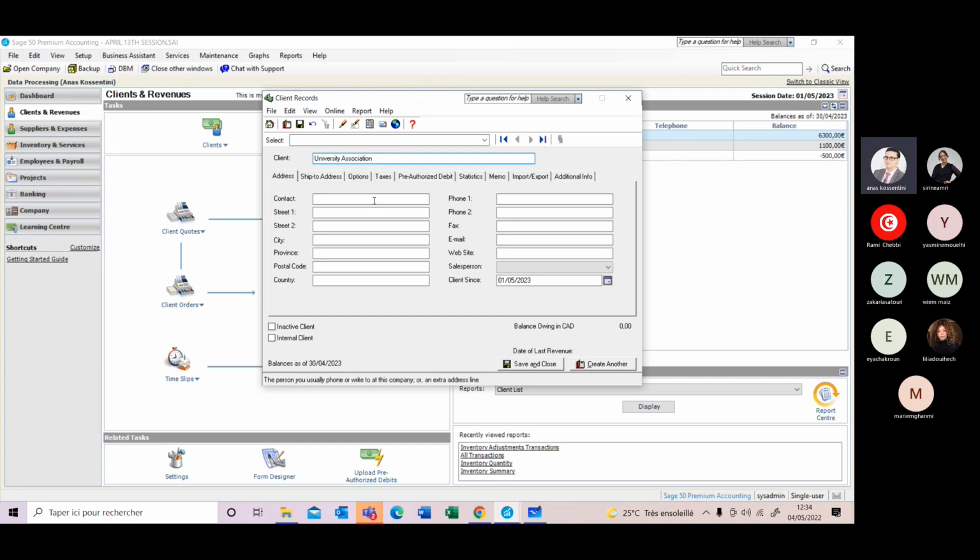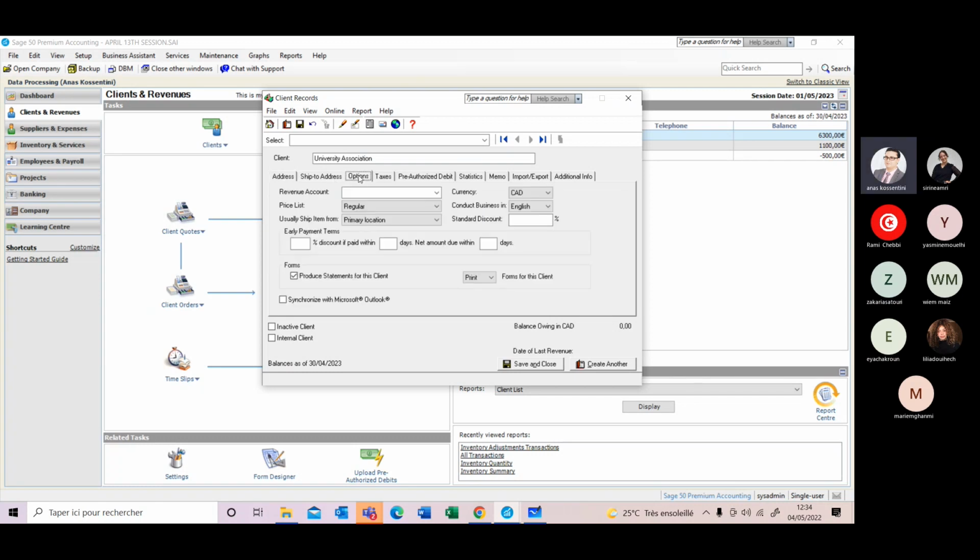For the contact, David Jones. Okay, just the contact David. Etc. So we're going to skip all of this address, etc. We're not going to waste the time on it. And you go to ship.